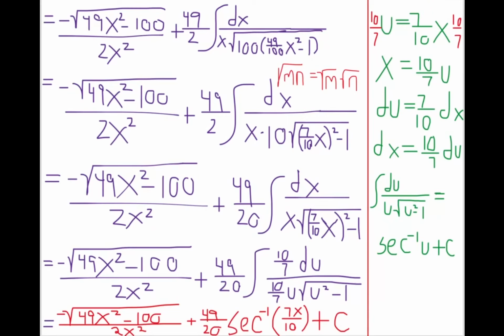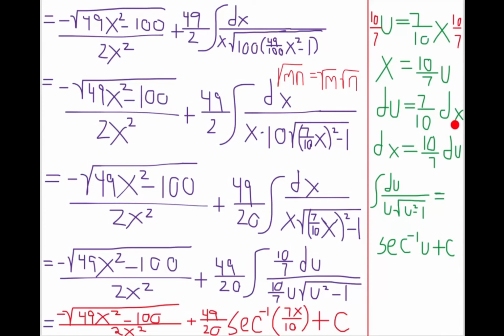And then go ahead and take this. Okay. All right, so I'm going to end up with, these cancel here, and I have x is equal to 10/7 u. And then from here, if I wanted to take the differential, du is going to be 7/10 dx.